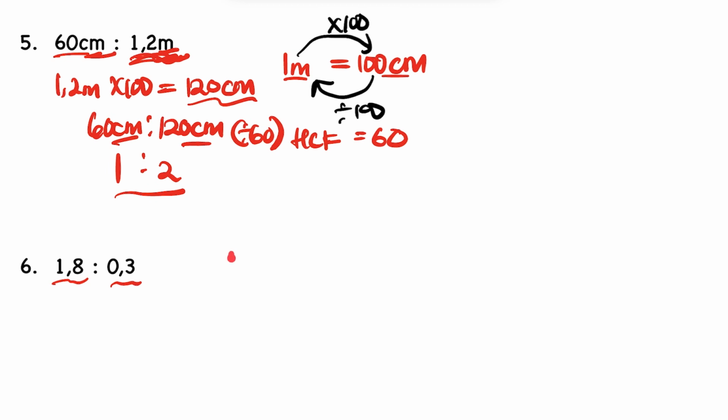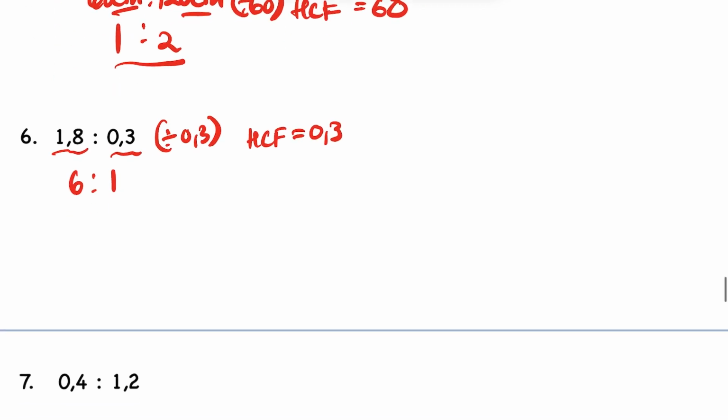That means the HCF here, it's 0.3, and then you divide by what? By 0.3. So 1.8 divided by 0.3, it's what? 6. 0.3 divided by 0.3 is what? It's 1.